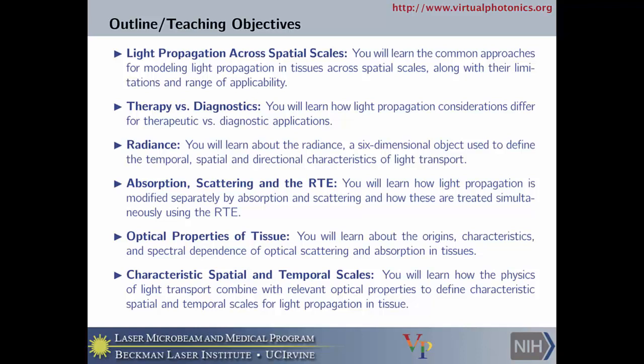And in that context, the fundamental metric that is of importance in characterizing light transport is something called the radiance. In the most general case, it's a six-dimensional object, because light at any location in a turbid media, in order to describe it, you need to first define your location in space, which is 3 dimensions. You have to look at which direction light is emanating from that point, so you have 2 directions.